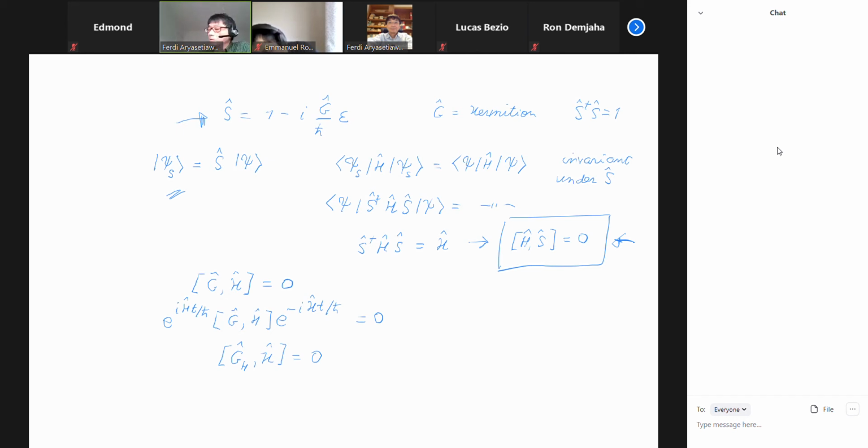So this has an important consequence because this is just the Heisenberg equation of motion. So that would then tell us that dG_H/dt is equal to 0. So G_H is a constant of the motion.